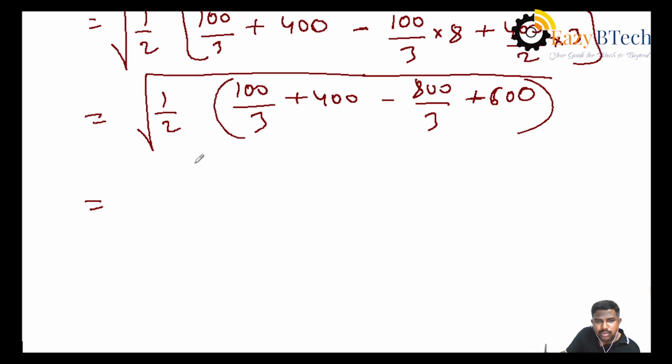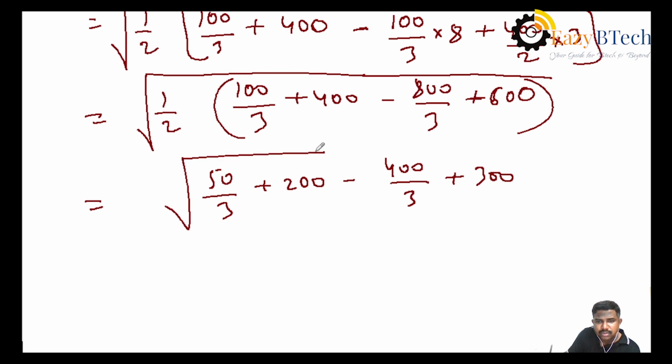The 1 by 2 going inside, we can eliminate the 1 by 2 also, that is, eliminate the bracket. That means 50 by 3, plus 200, minus 400 by 3, plus 300, whole square root.